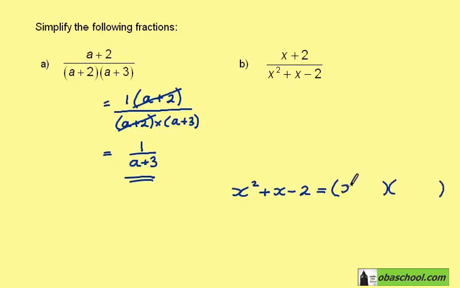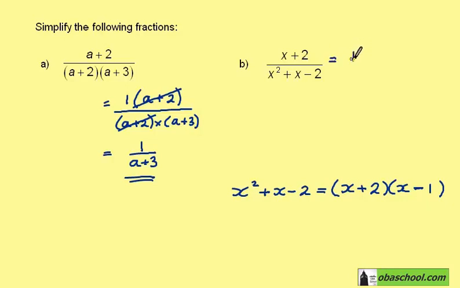We have an x and an x to give the x squared, 2 and 1. If we make this a plus and this a minus, plus 2 times minus 1 gives us the minus 2, and 2x take away x gives the plus 1x.